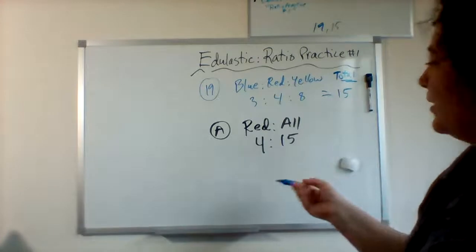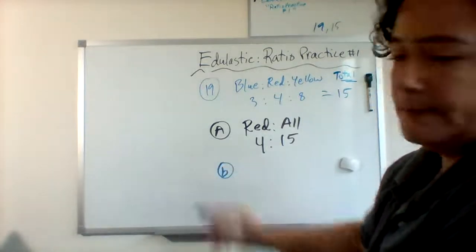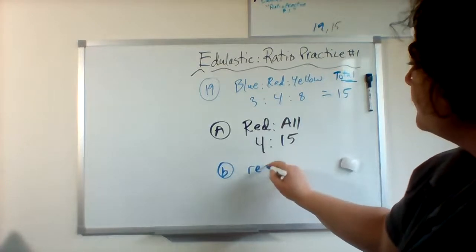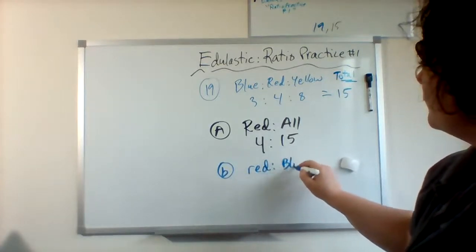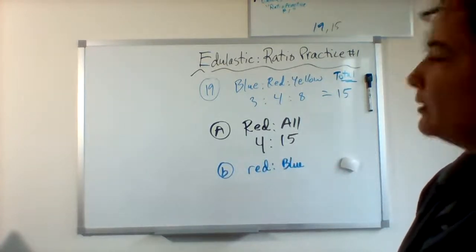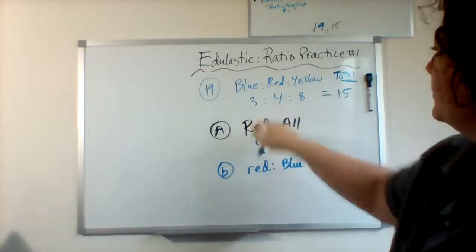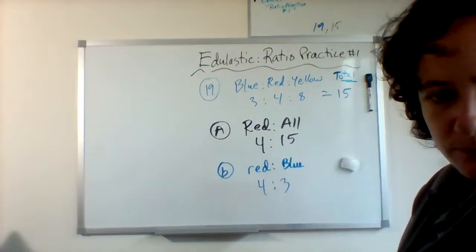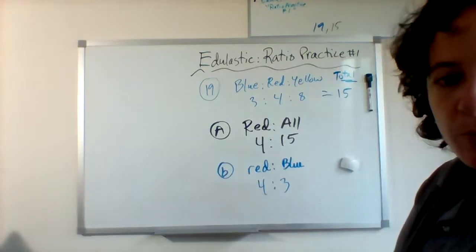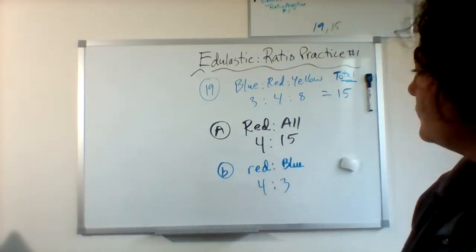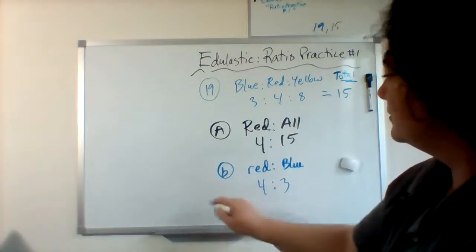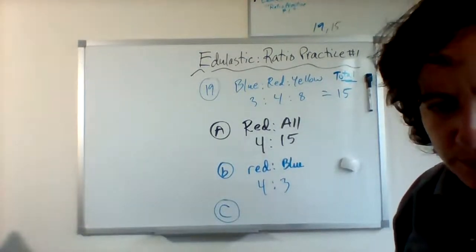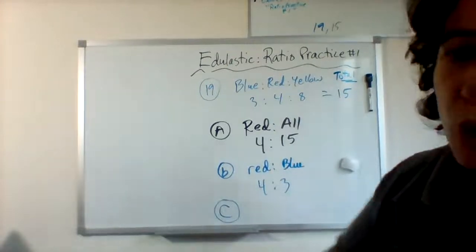Let's do part B. The red to blue. Red, blue. Part C. Write the simplified ratio of blue to all.